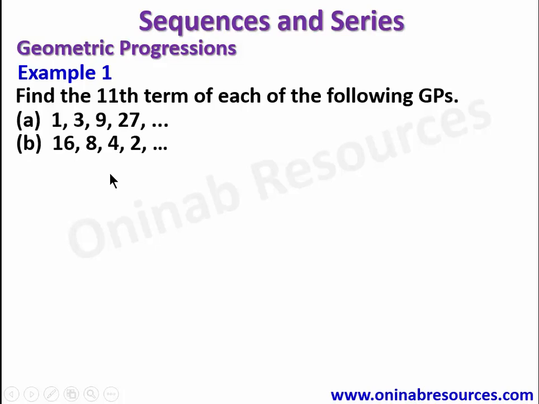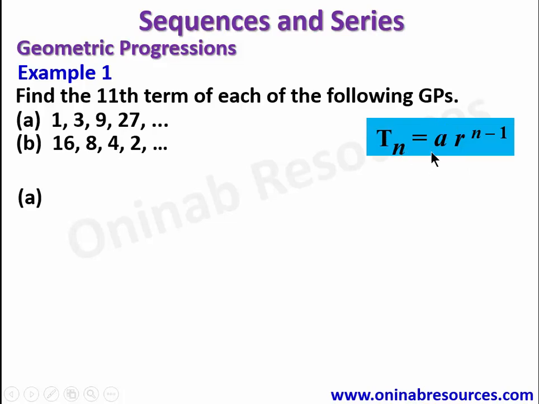So what we do here, we already have our nth term, that is the general formula for geometric progression, to be a r raised to power n minus 1. Now for A, we have to identify our a, our r and our n. So we have a to be 1. We already know from the previous slide that our r is 3. So by multiplying 1 times 3, 3, times 3, 9.